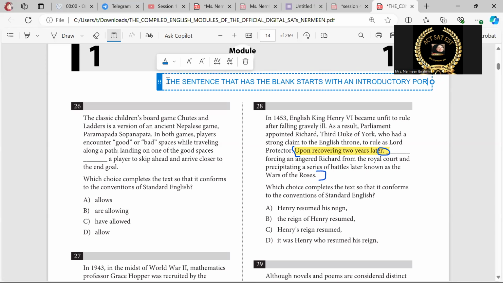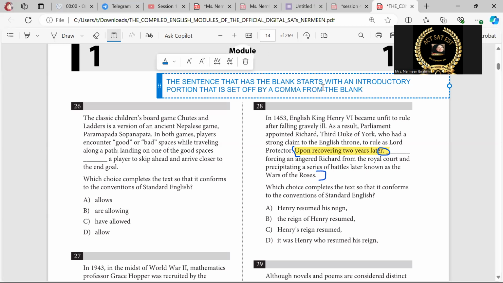I would write portion because sometimes it can be a phrase or a clause that is separated or set off by a comma from the what? From the blank.